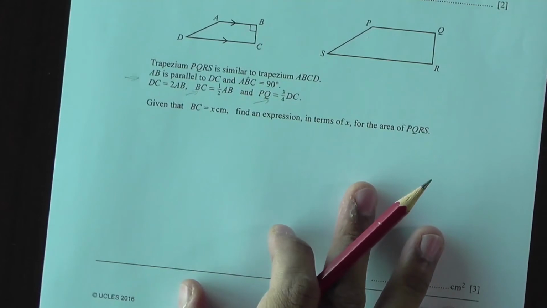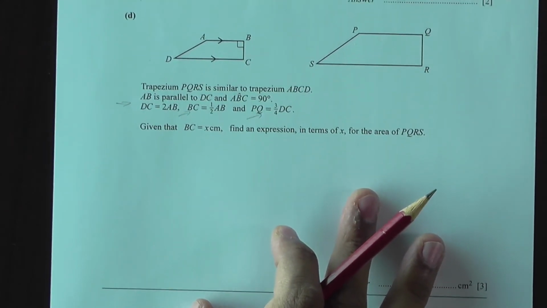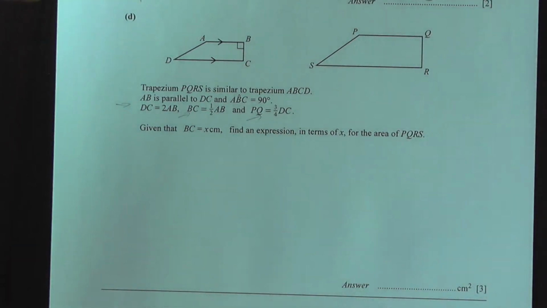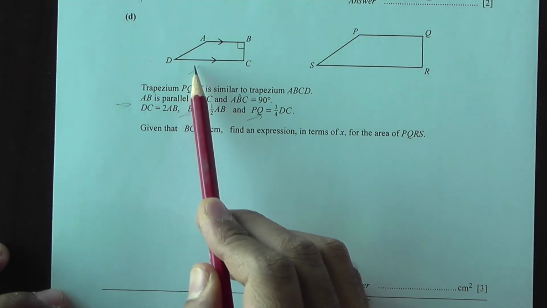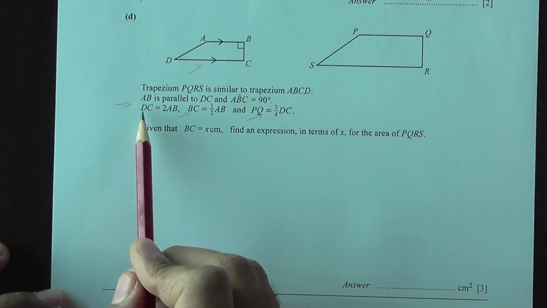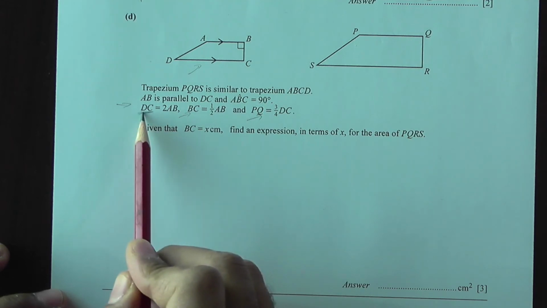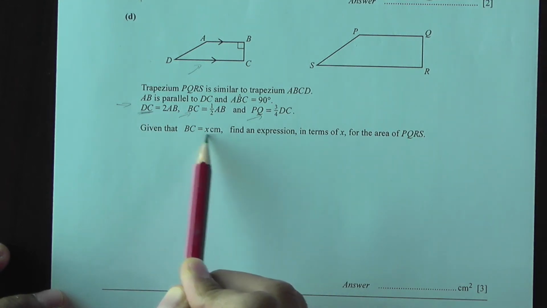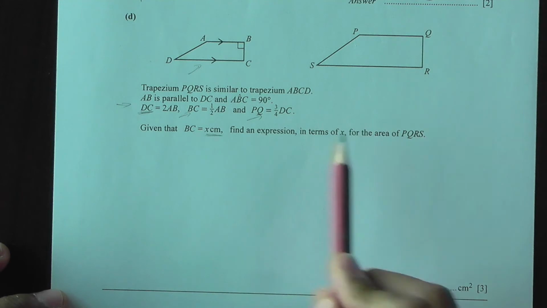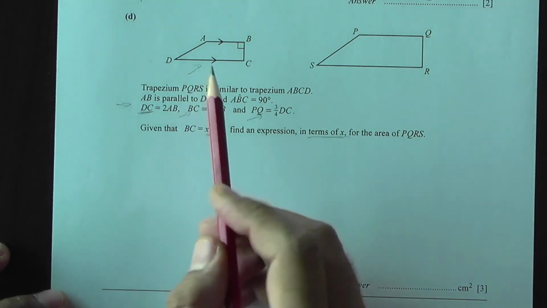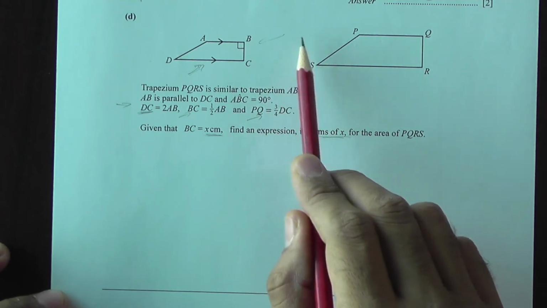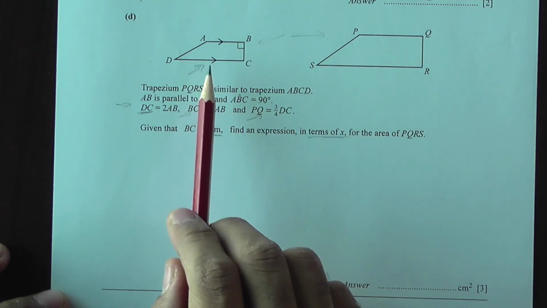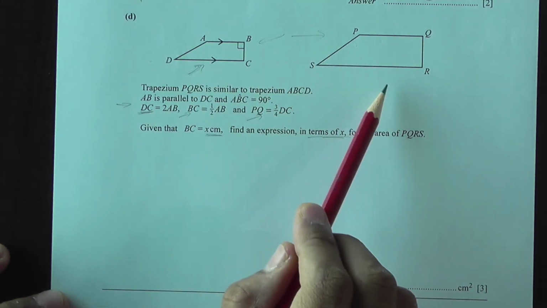Now since these two trapezia are similar, first we need to find the length of all these sides over here, because first we need to find the length of DC in terms of x, because the question says that BC is in terms of x, and find the expression in terms of x. So let's find DC first, and then since these two trapezoids are similar, we can apply whatever length we get over here onto the other one.